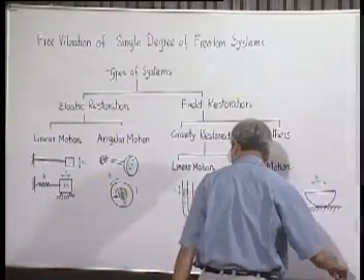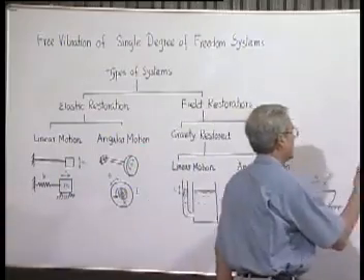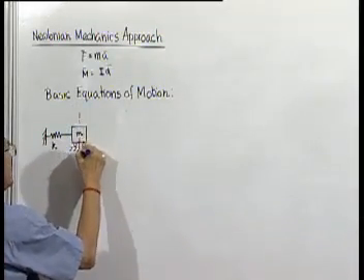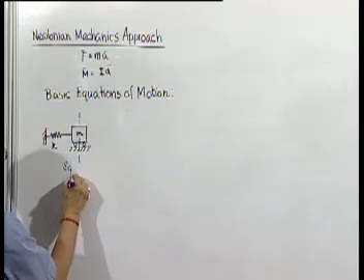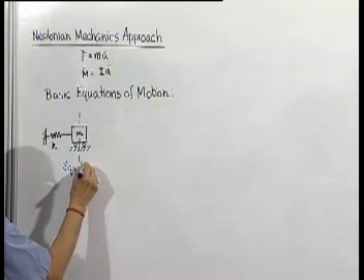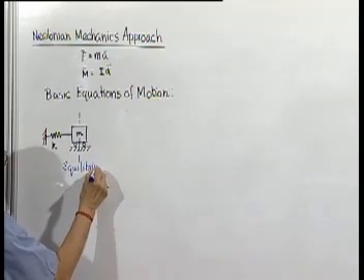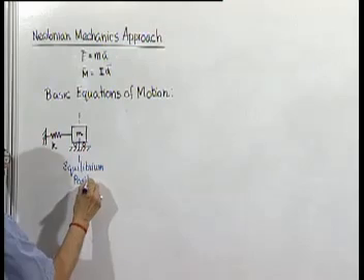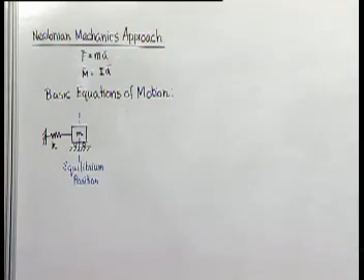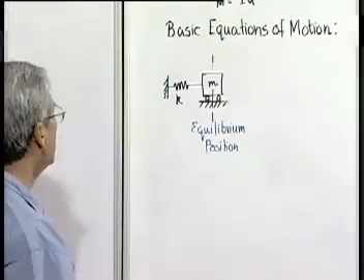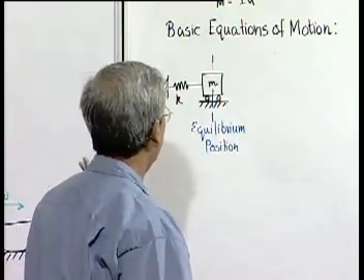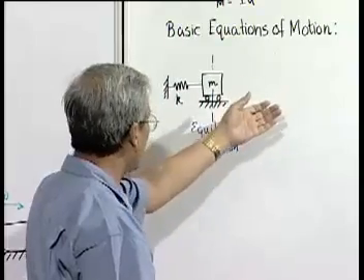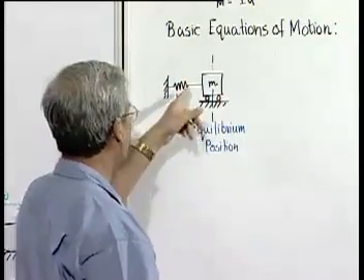And as mentioned, this is the equilibrium position. What does it mean? It means that if left alone, it will remain in this position. If you disturb it a little bit, it will try to come back to this position because this spring is there.